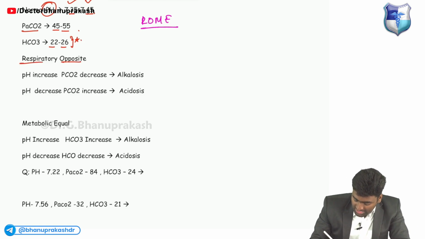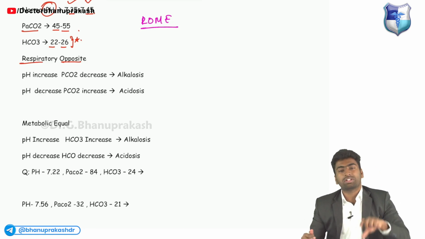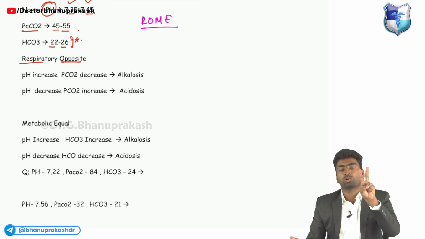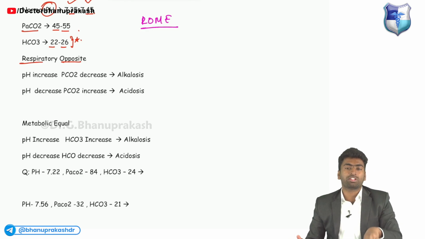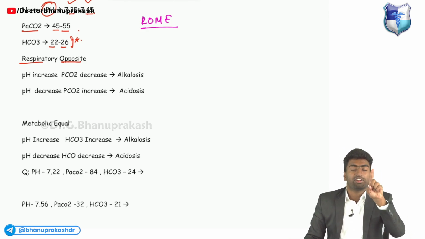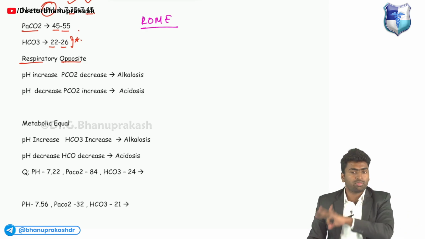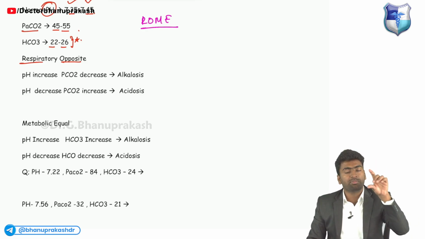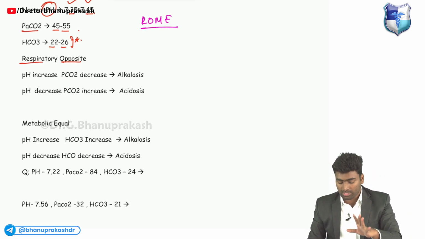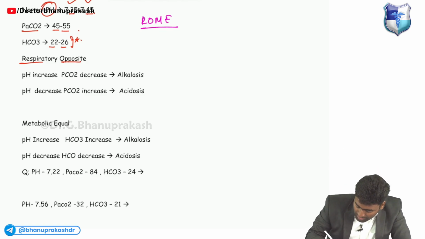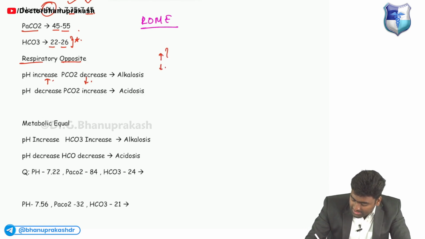Respiratory means opposite. First you need to check two things: one is pH, next is PaCO2. Both of them have the same pattern: pH 7.35 to 7.45, PaCO2 35 to 45. If pH increases and PaCO2 decreases, are they on the same side?